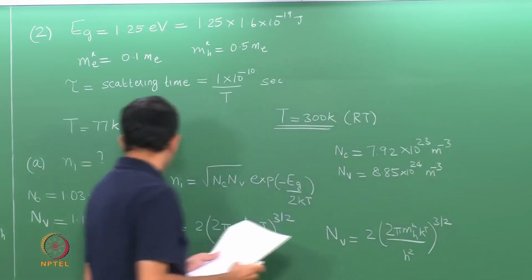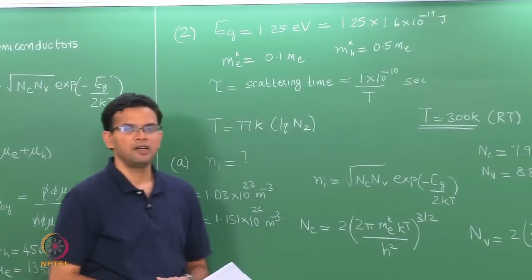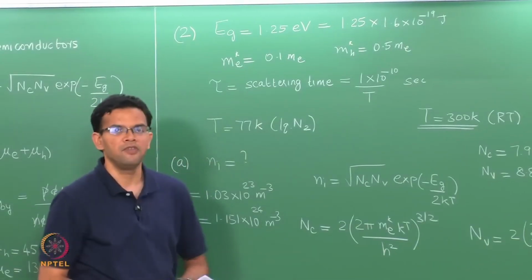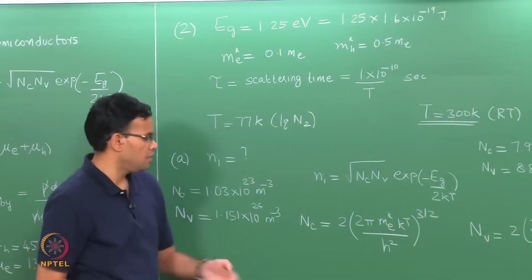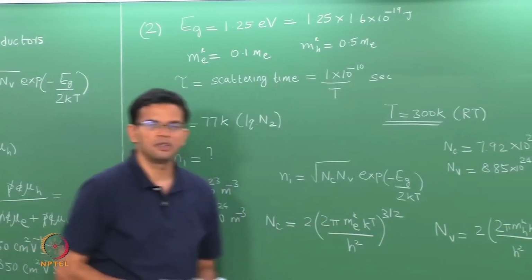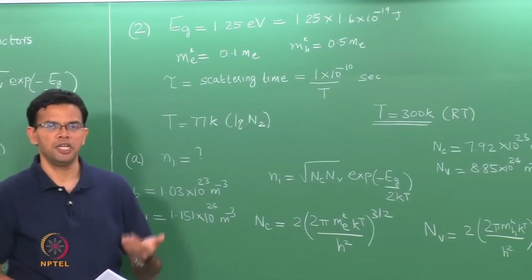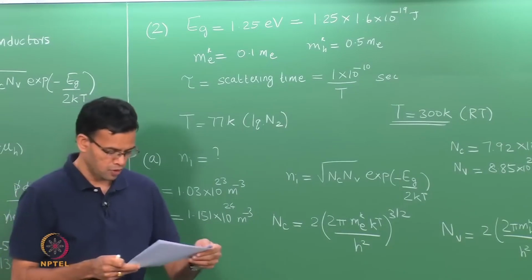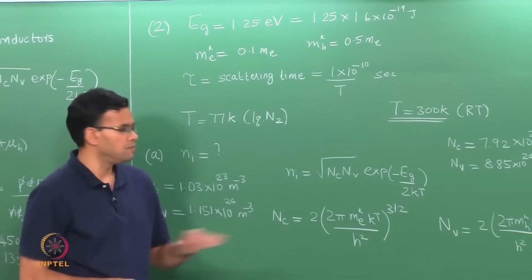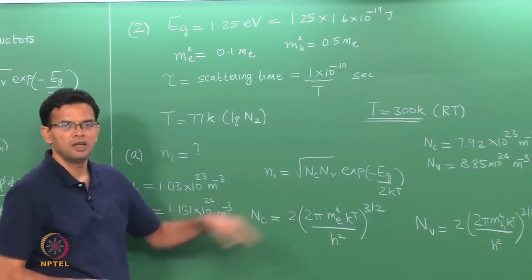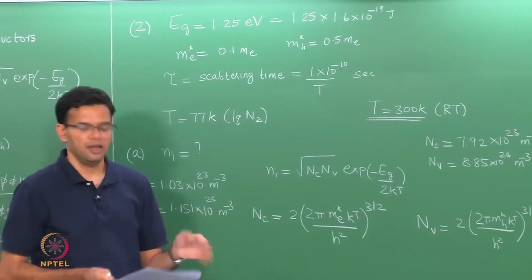So, compared to 77 Kelvin, Nc and Nv are higher at 300 Kelvin. This is because we have more density of states available at higher temperature, simply because they are directly proportional to T to the 3 over 2. So, we can substitute these values of Nc and Nv in this expression and calculate the value for Ni.